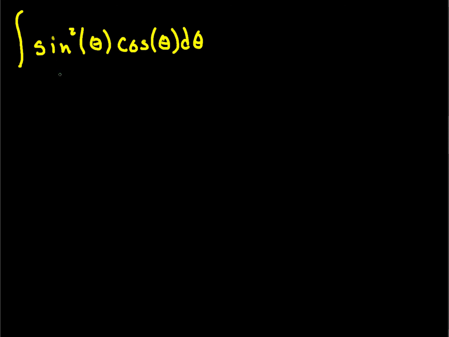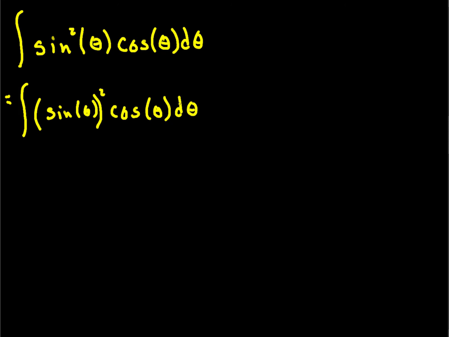Well, I want to remind you that sine squared theta, if I wrote it this way, maybe it's more clear that I've got sine of theta, that function is being squared, times cosine of theta with respect to theta. And hopefully when I write it that way, our first guess should be, let's let u be this guy, right?